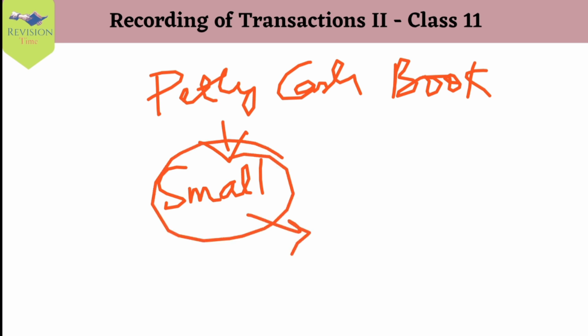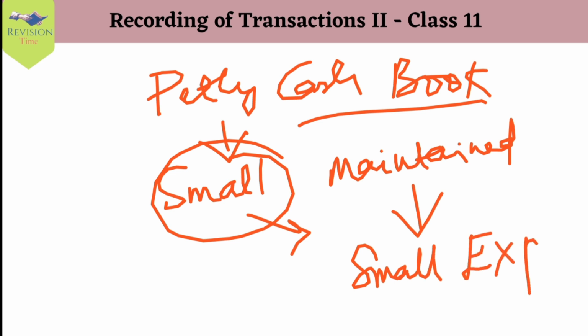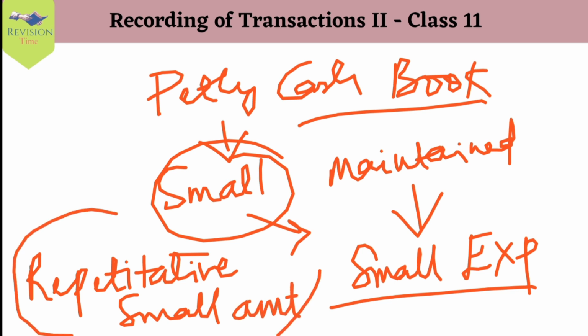Petty cash book is a cash book maintained to record small expenses like postage, stationery, telegram, convenience, refreshment, all such miscellaneous expenses which are recurring, repetitive in nature and of small amounts. All such transactions are maintained in petty cash book.